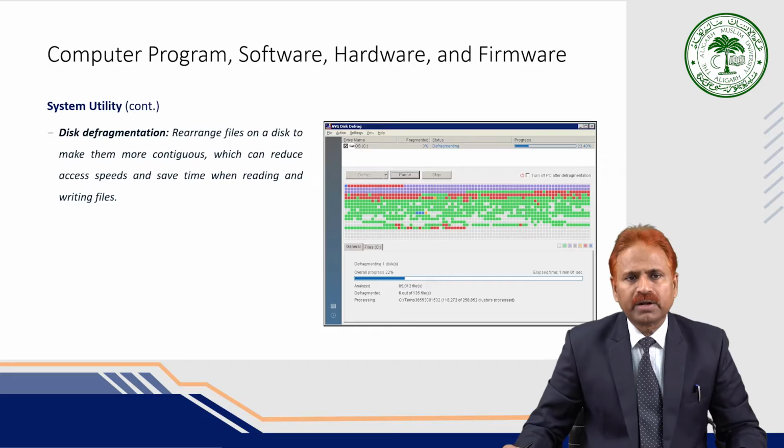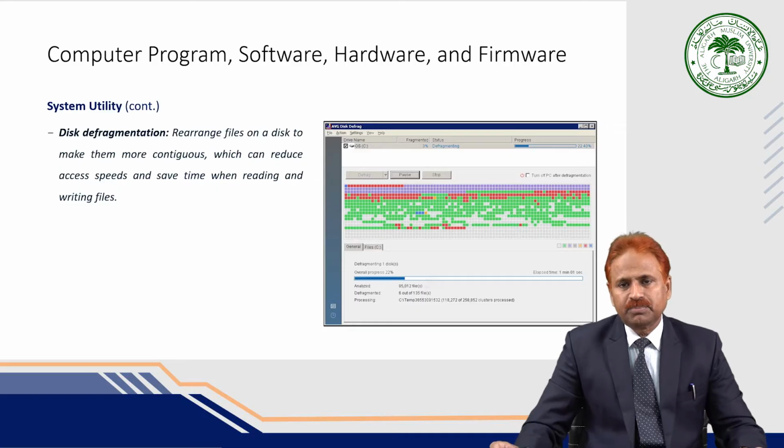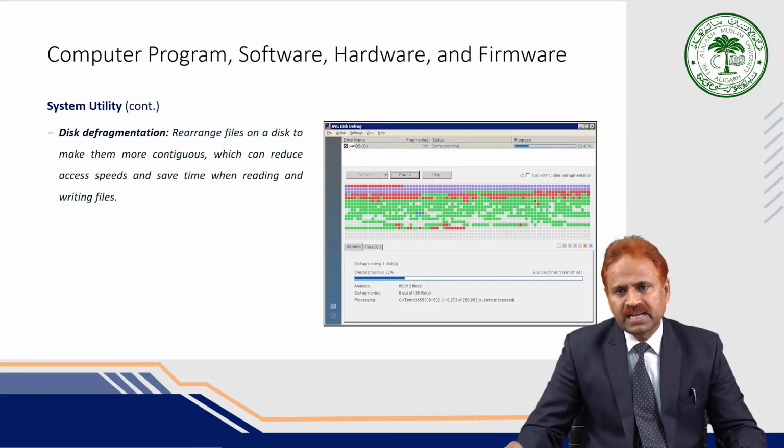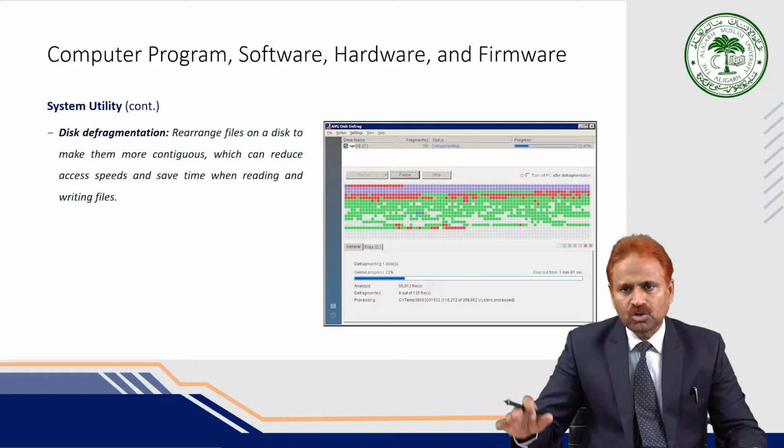Another very important system utility tool is disk defragmentation. They rearrange the files on the disk to make them more contiguous, which can reduce access time and save time when reading and writing. Here in the adjoining picture, you can see the dotted lines. The dotted lines show that all the files are not stored contiguously.